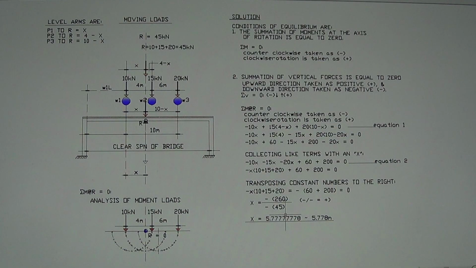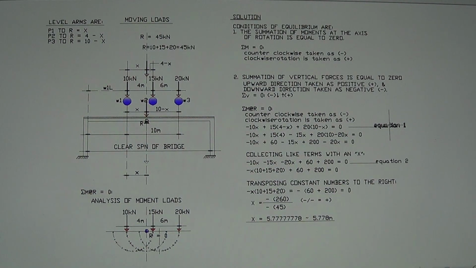So this is positive, and the answer is 5.7778, and then you round it off to the nearest 5.778. So when you check this in any of these equations, that would be 0 is equal to 0, but there are round-offs, so don't worry if there's a very small remainder sometimes. It's because the calculator rounds up.